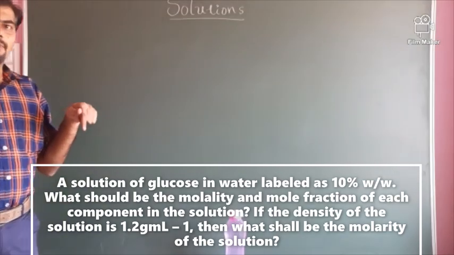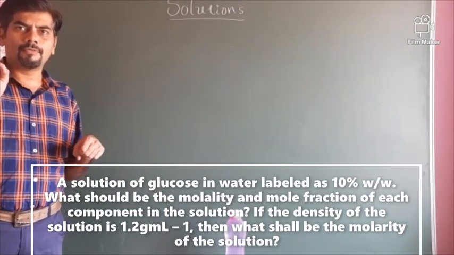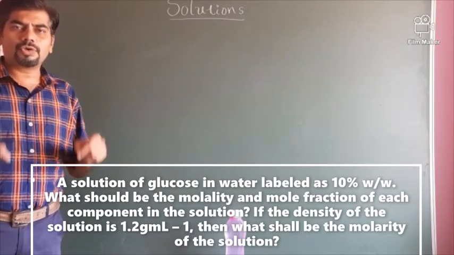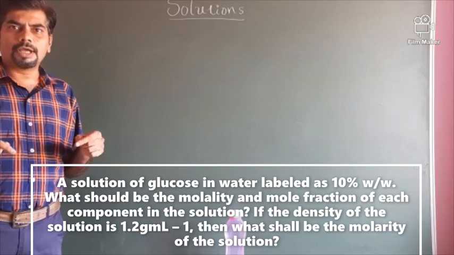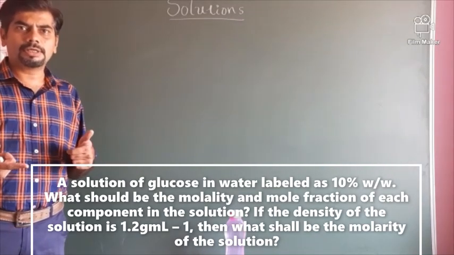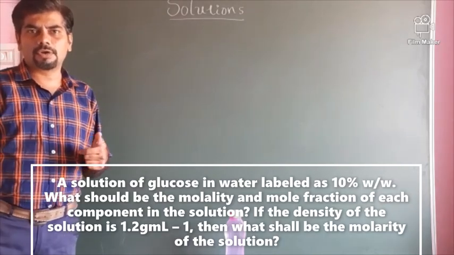What I want you to do is pause this video for a minute, read the question very carefully, and try to solve it on your own. When you get the answer, resume the video and check whether your answer is correct or not.